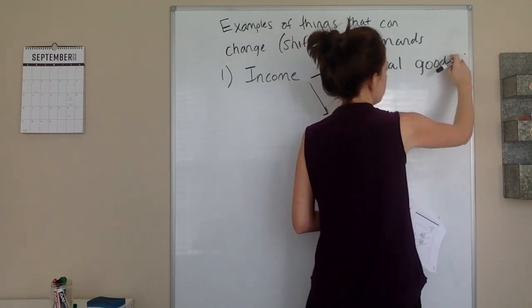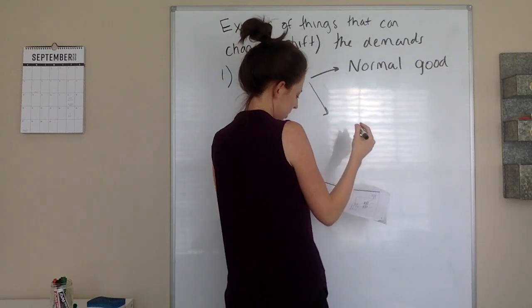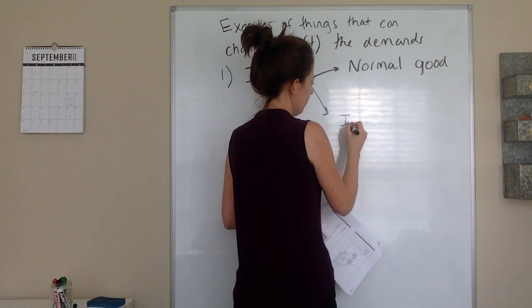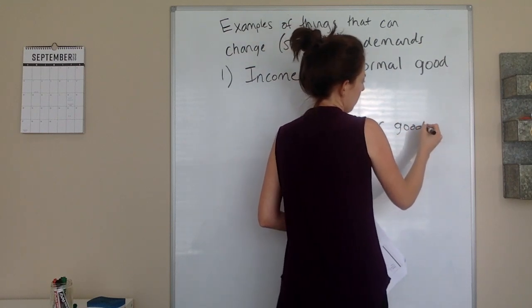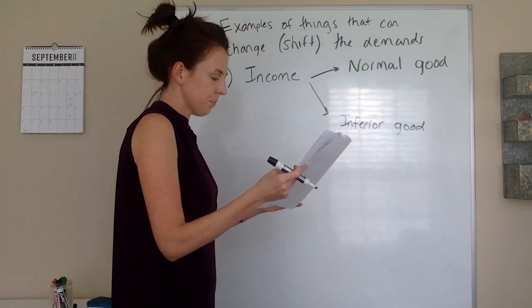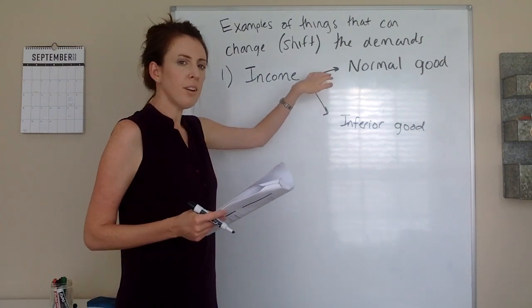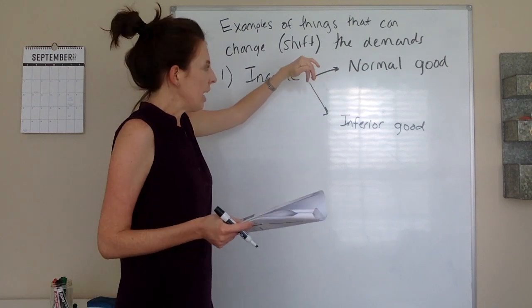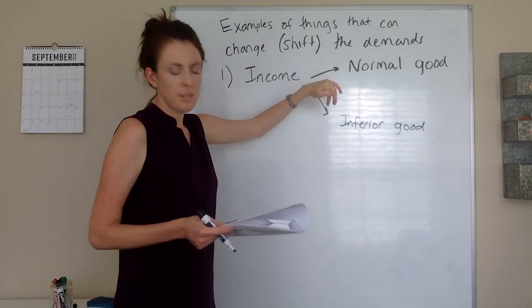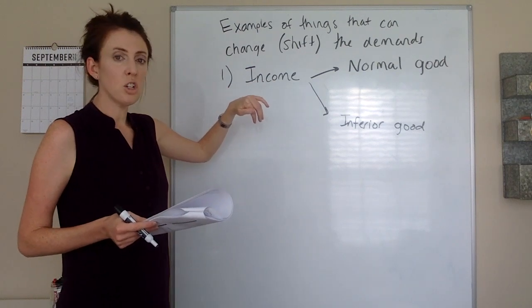Normal goods and inferior goods. Okay, what are these things? A normal good is a good where, if you hold everything else constant, so if we make this assumption of ceteris paribus, then an increase in a person's income causes a person's demand to go up.